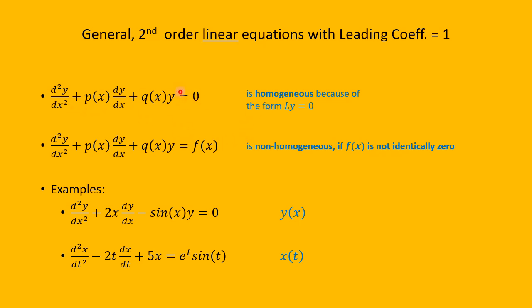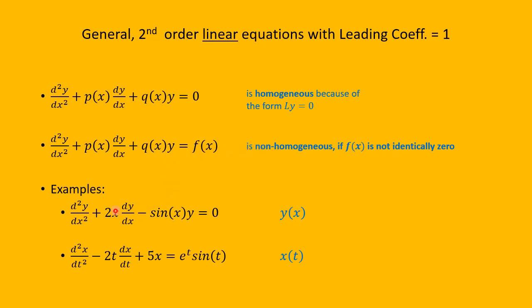This will be called a homogeneous equation because we have 0 on this side. If we replace this 0 with a non-zero function f of x, then this equation is a non-homogeneous ordinary differential equation.